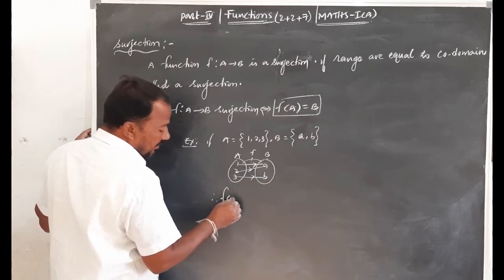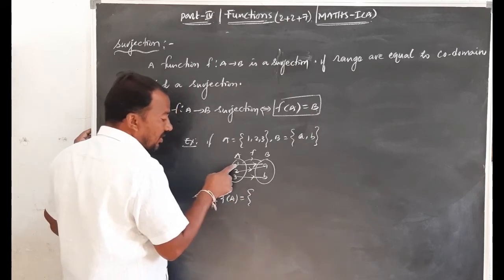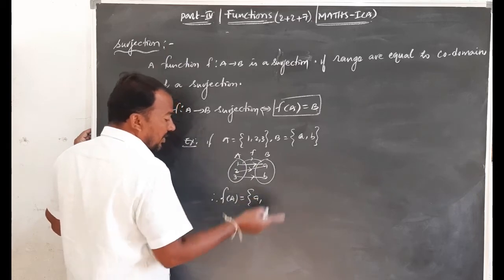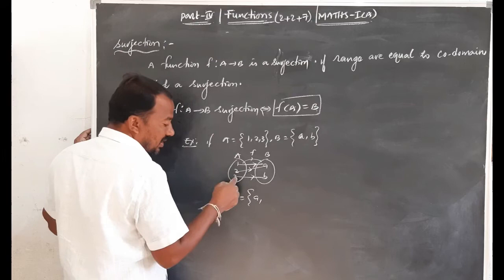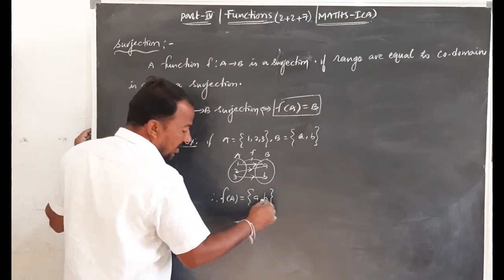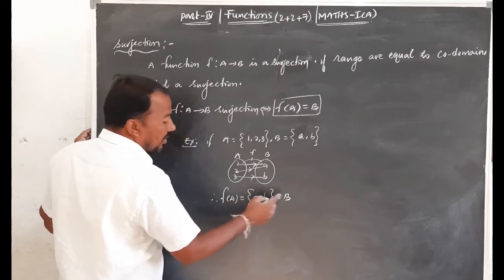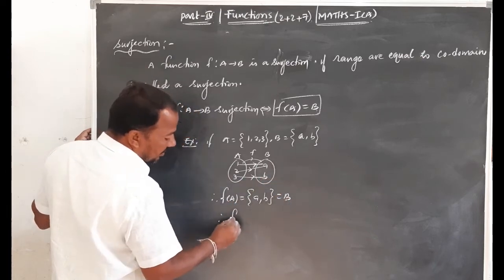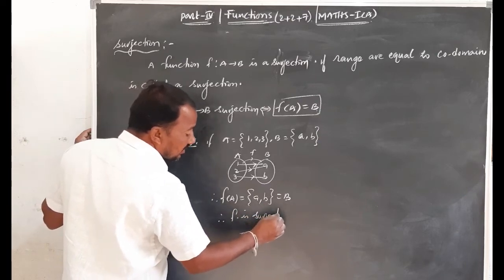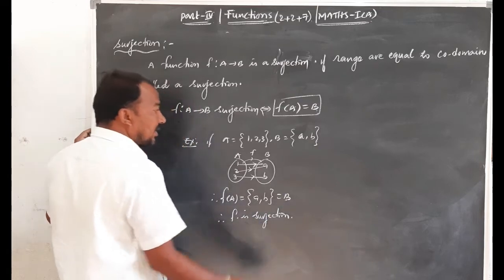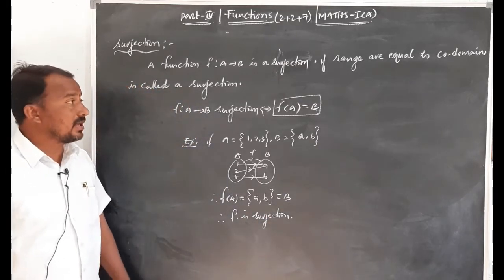So the range f(A) is {a, b}, writing the same element only once, which equals B. Therefore f(A) = B, so f is a surjection. Understood? The range equals the codomain.